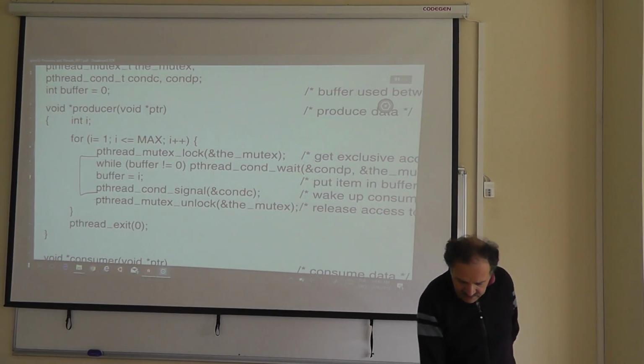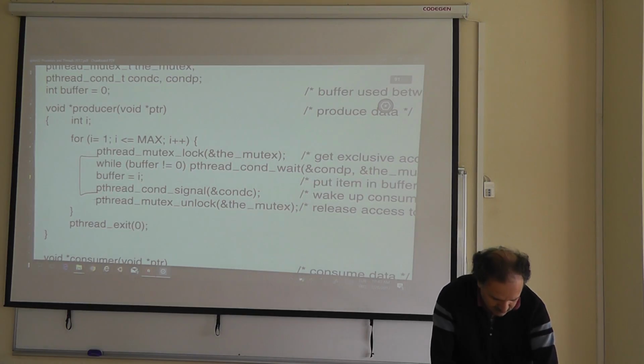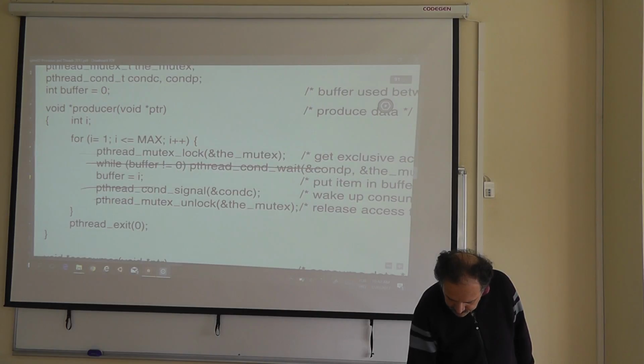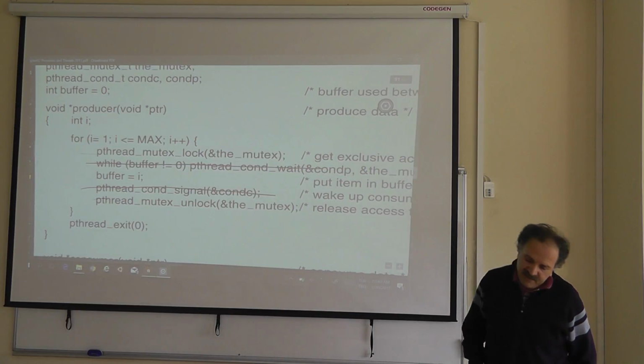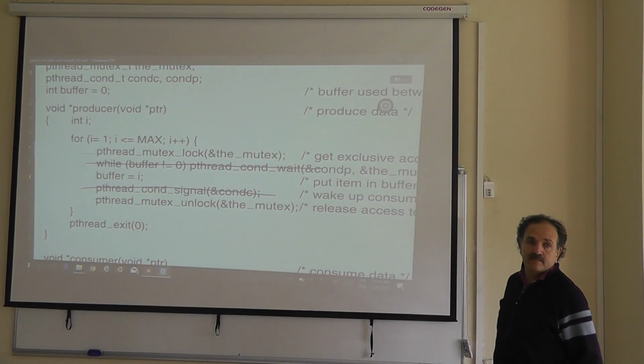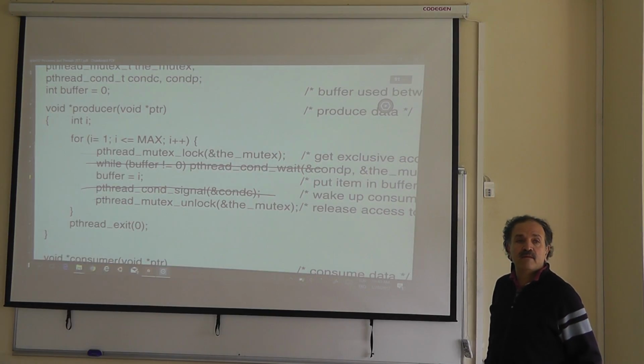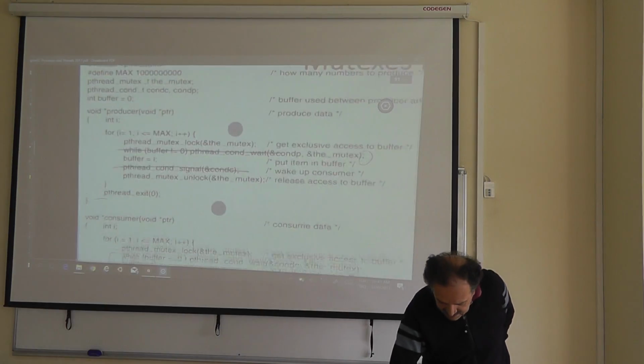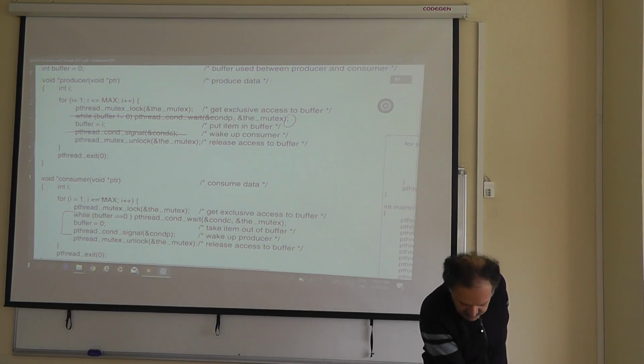Question: what happens if I remove this line and this line? Yes, the producer may produce an item before the previous one has been consumed. That's true, right? So if I remove these 4 lines, let me remove the others too.